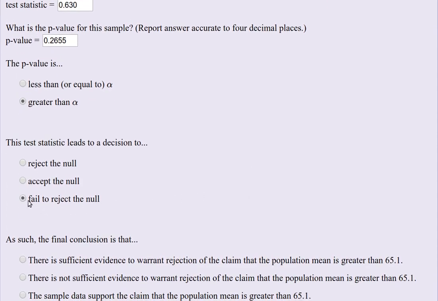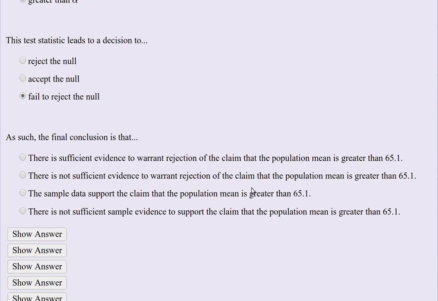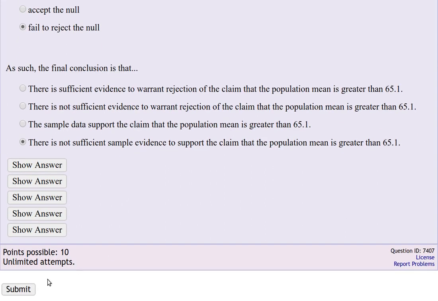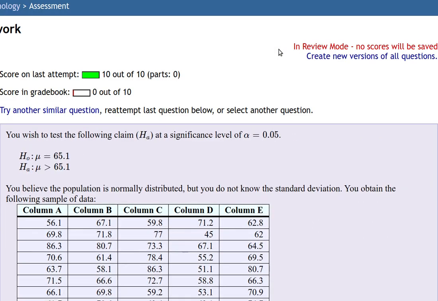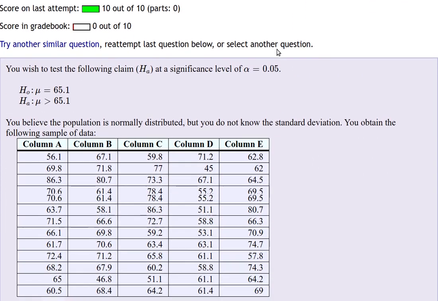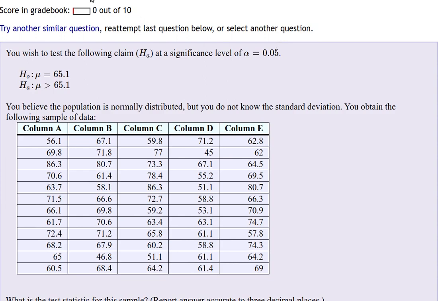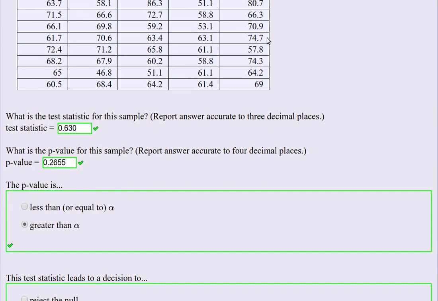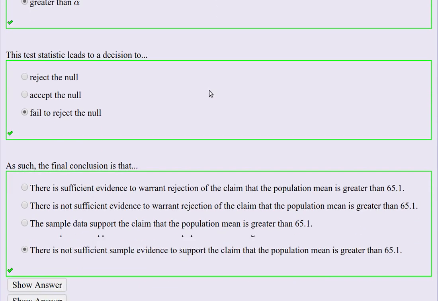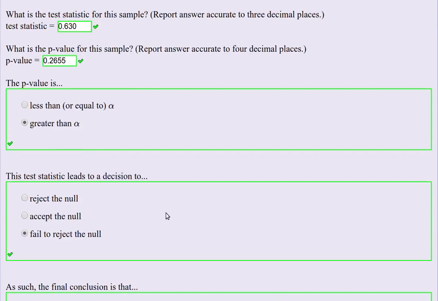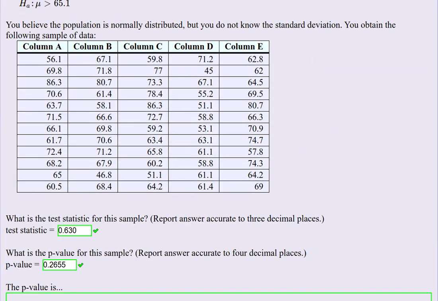So we fail to reject the null hypothesis. There is not sufficient evidence to change that. So we'll look and see how we did. And we got them all right. Okay. Your situation will be different, of course. Your p-value might say that you reject, and then you have to answer the other questions correctly. Okay. Hope that's helpful.